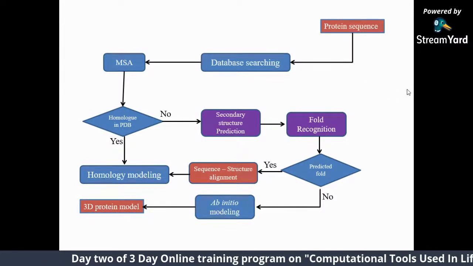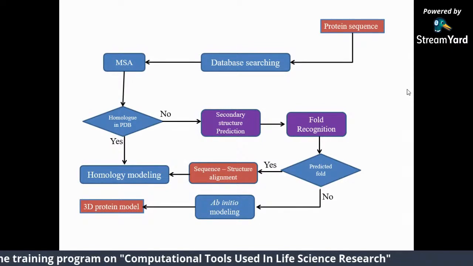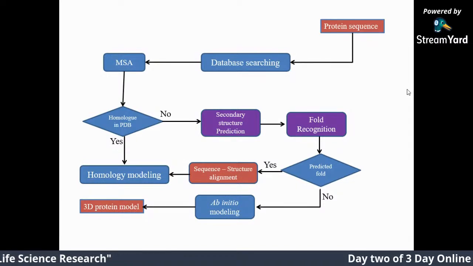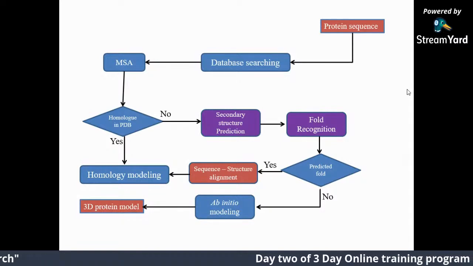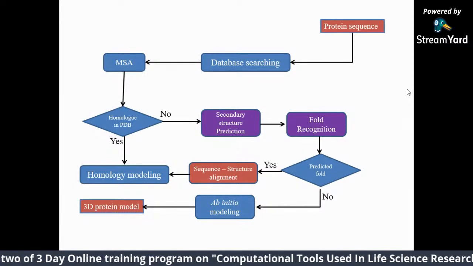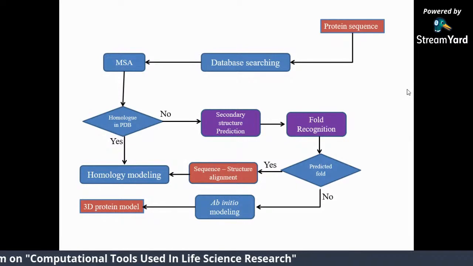Now is it audible? Okay, so I was talking about the protein sequence database searching, then multiple sequence alignment, then finding homologs in the protein bank. When we get an identical protein in the protein database with more than 40% similarity, then we'll go for homology modeling.